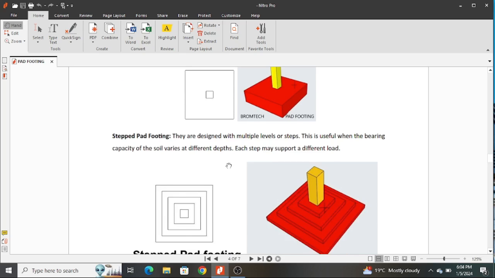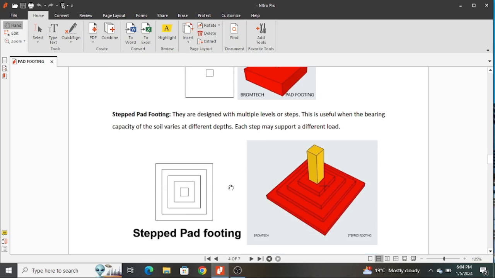Sometimes now you can have a footing that is stepped. This is called a stepped pad footing, and it is actually designed with multiple levels of steps, as you can observe from this plan view or this pictorial provided right here. This is actually useful when the bearing capacity of soil varies at different depths, and each step might support a different load.